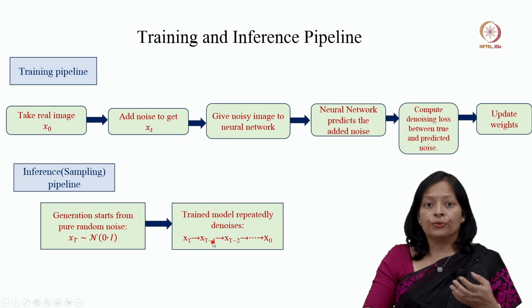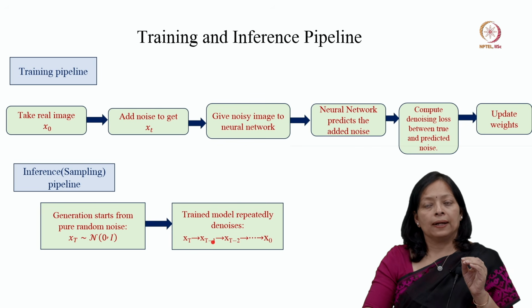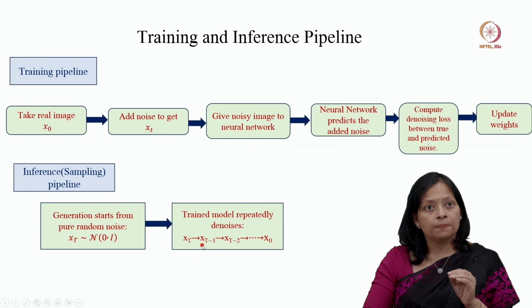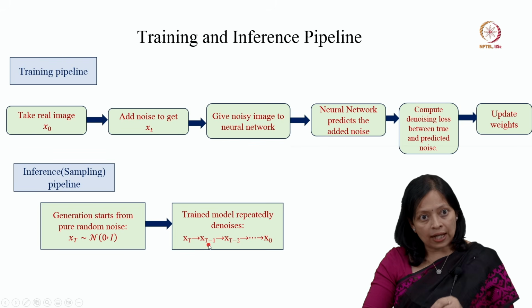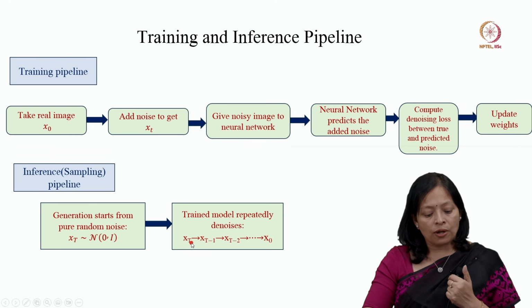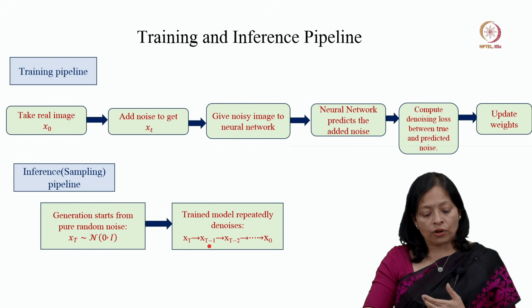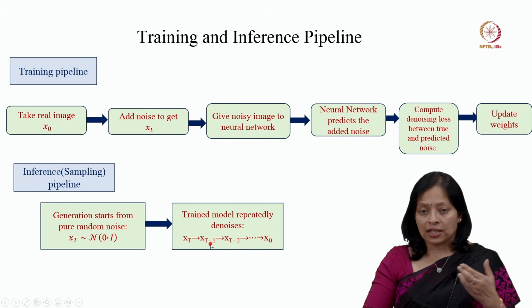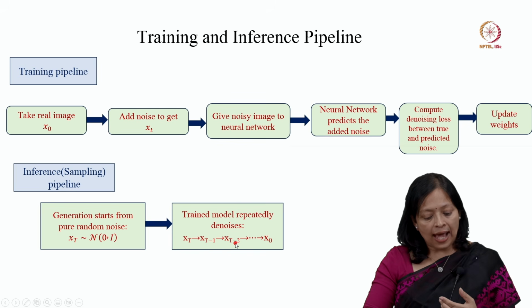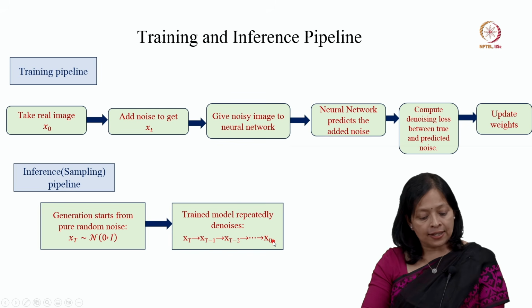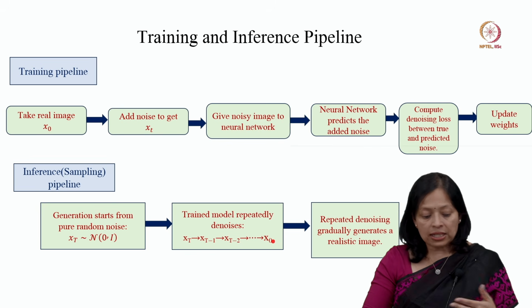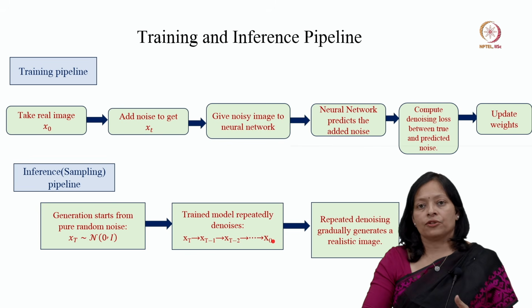Now, the model knows how much noise has been added, or how much noise to take out to take the image from x_t to x_{t-1}. This process continues till x0, and this repeated denoising gradually generates a realistic looking image.